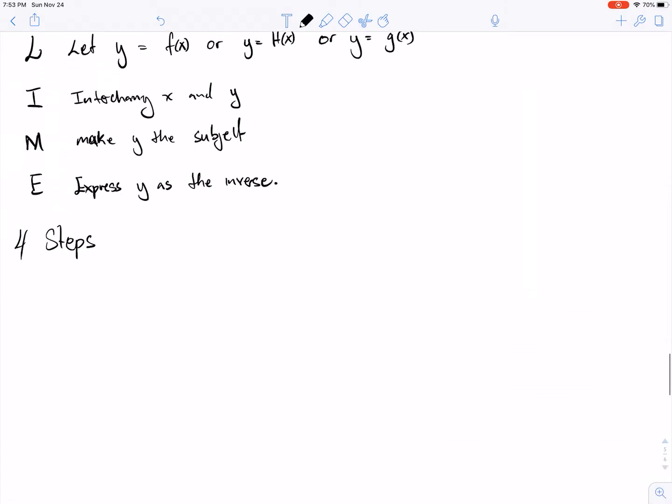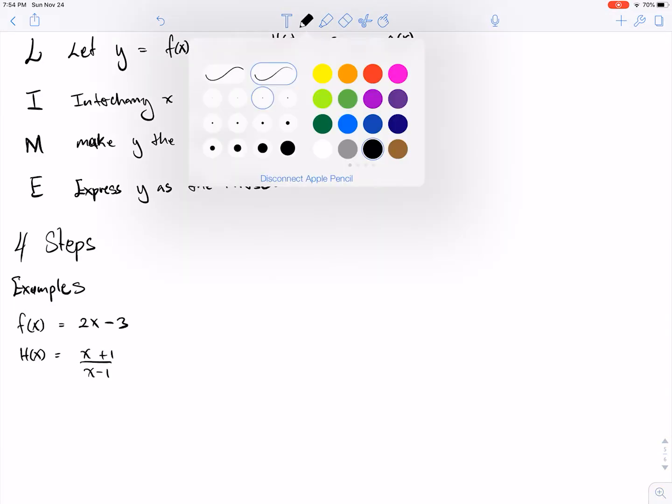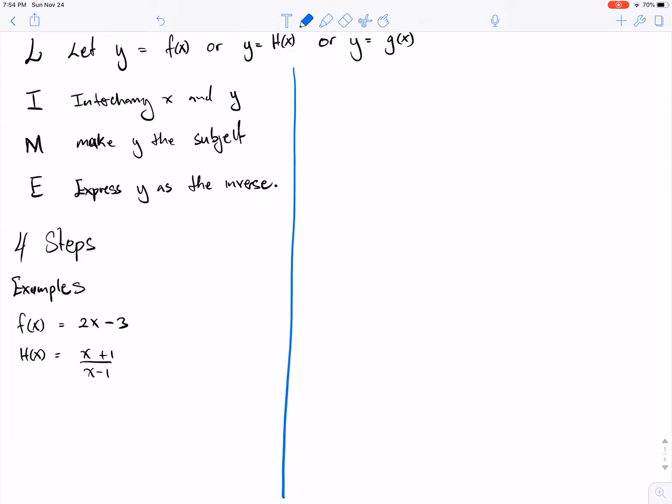And example number 1, we have f of x equals 2x minus 3 and h of x equal x plus 1 divided by x minus 1. So our first step, we want to write y equal f of x.